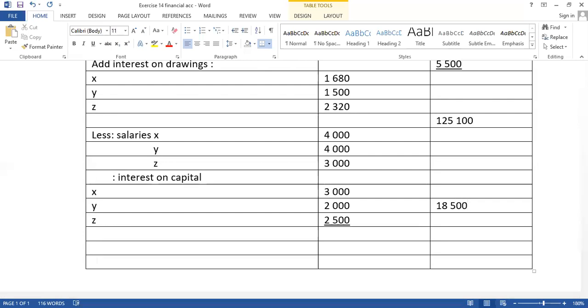And we are subtracting this amount, so it should be in brackets.